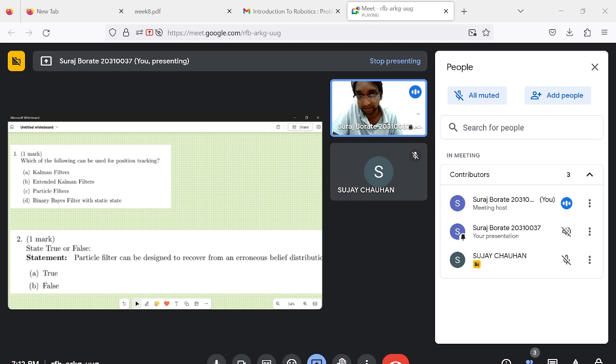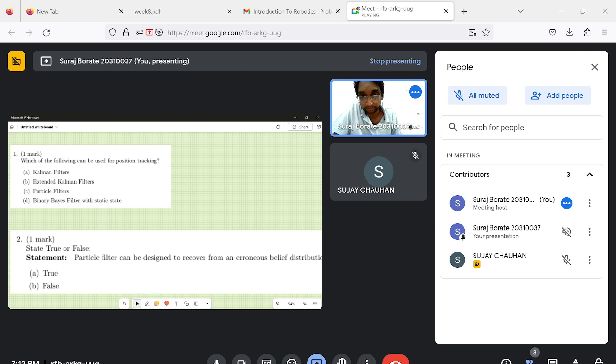So what is position tracking? Suppose there is a moving object that is in motion, and you want to know the position of this moving object as accurately as possible, and you have some sensors to find its position or velocity or something like that.